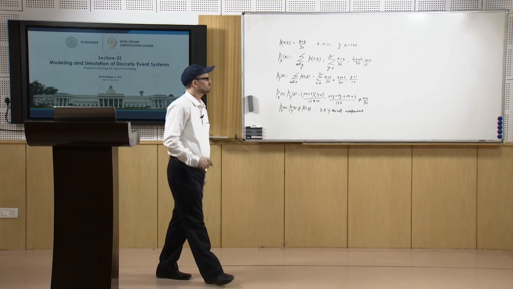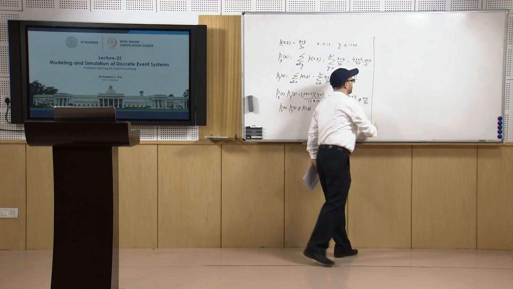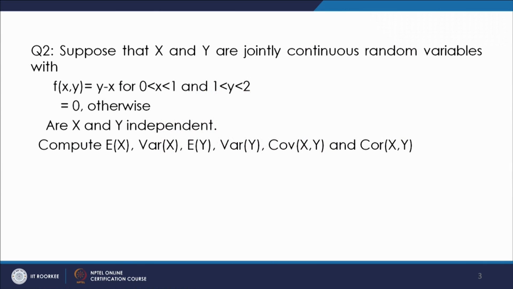Next question: X and Y are jointly continuous random variables with f(x,y) equal to y minus x for x varying from 0 to 1 and y varying from 1 to 2, and it is 0 otherwise.